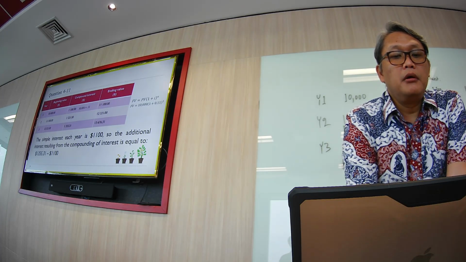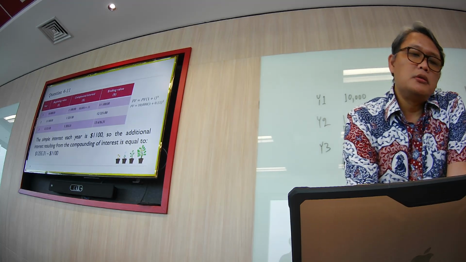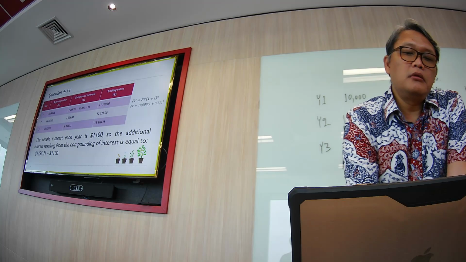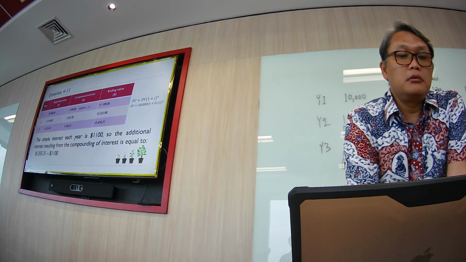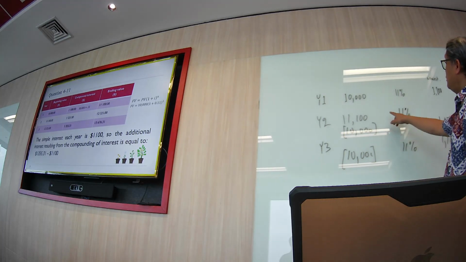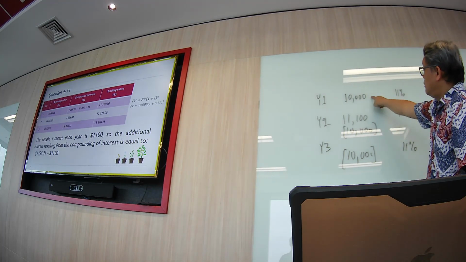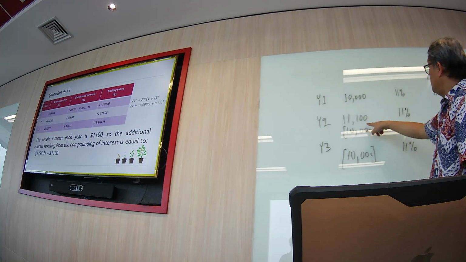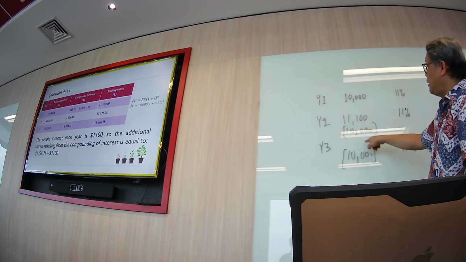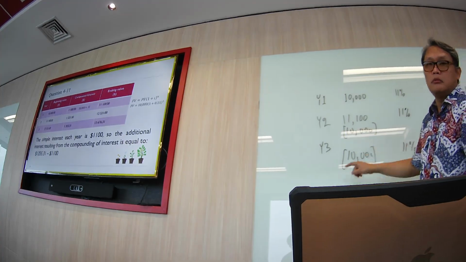13,676 minus 3,300. No, right? Because that's the result of the simple interest after 3 years. So the total would be this plus this one and plus this one again in year 3. No, like this.